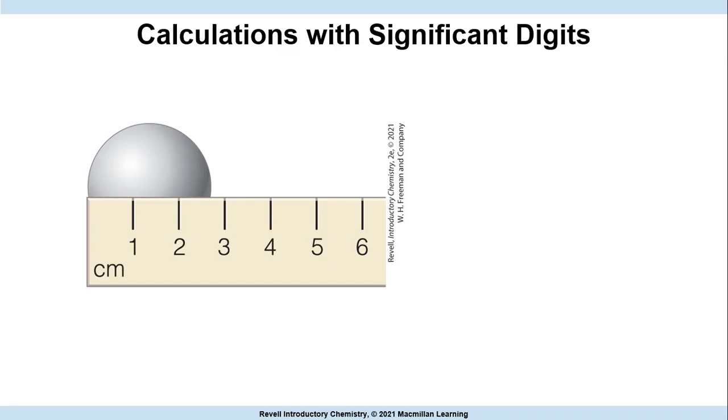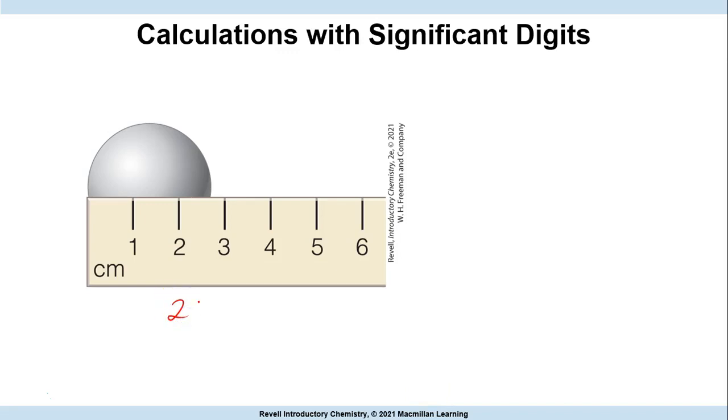So let's look at calculations with significant digits. For example, if you are asked to calculate the diameter of this ball, you have been given a ruler and you're asked to measure the diameter. The first thing that you see is that there is a certain digit that you know, and the certain digit here is 2.